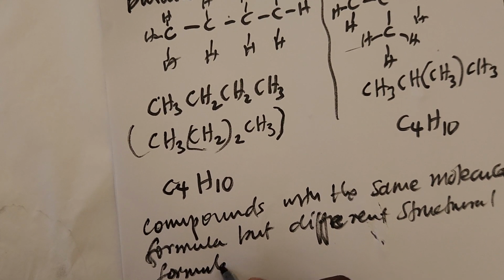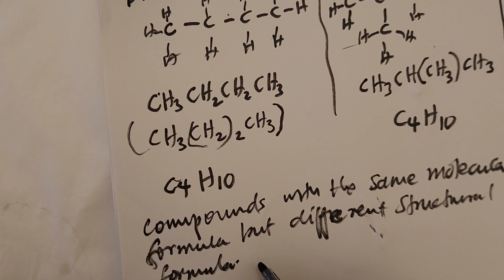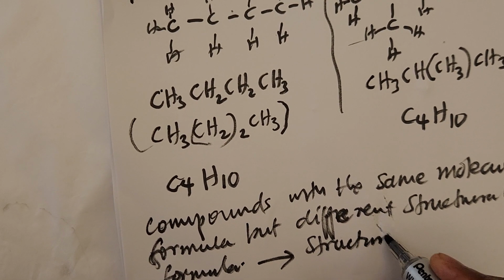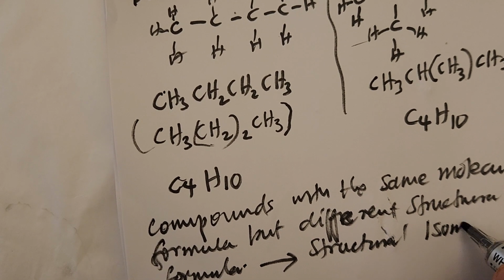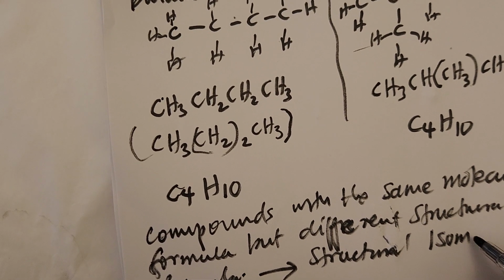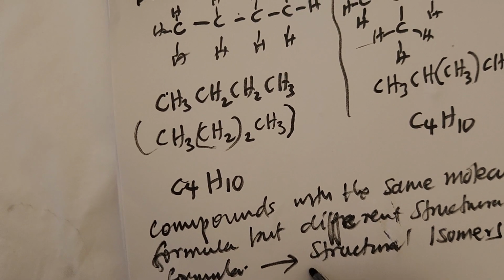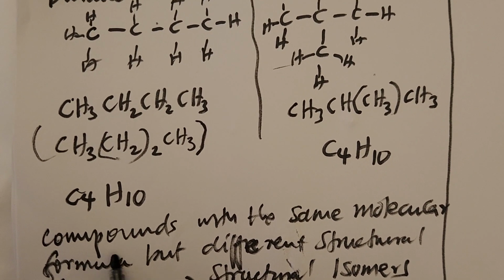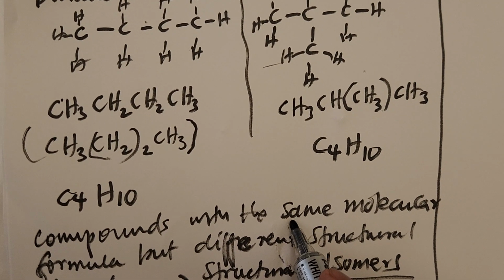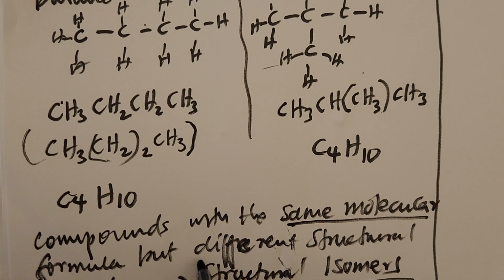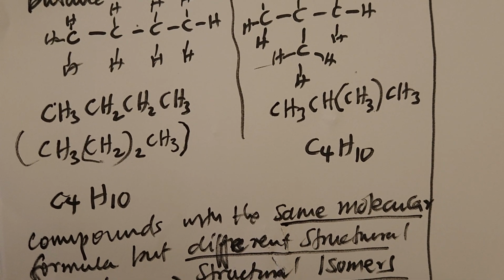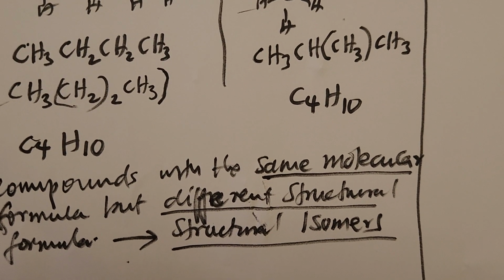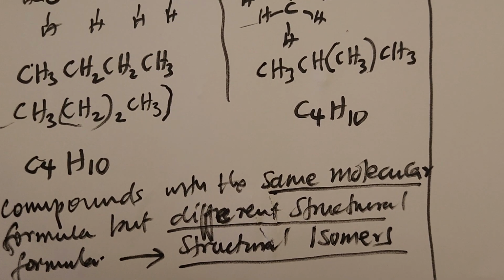This type of compounds have got a special name, which is they are called structural isomers. If you still remember in grade 10 when we were talking about the isotopes, iso means the same. So in this case they've got the same molecular formula, but they differ in terms of what? Structural formula. So such compounds with the same molecular formula but different structural formula are called structural isomers.